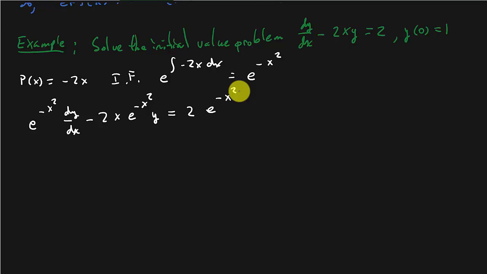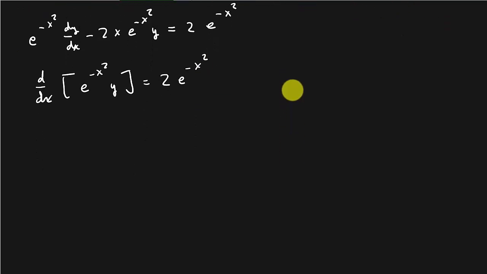Now we've got d dx of e to the negative x squared y is equal to 2e to the negative x squared. Now let's go ahead and take the integral of both sides.